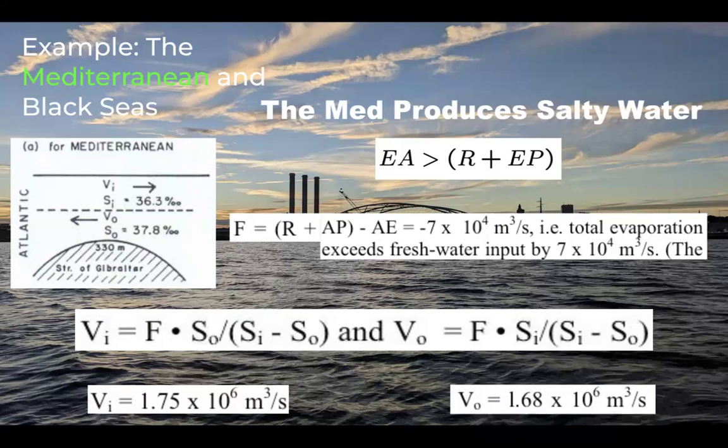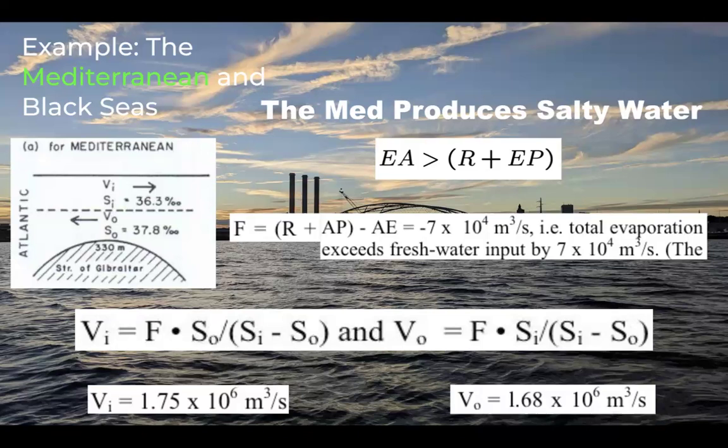So that's pretty big. So what about these two formulas? What are they going to tell us? This is close. So the inflow, 1.75, whatever that is, 10 to the 6 meters cubed per second. 100 times more inflow than evaporates, net evaporation.